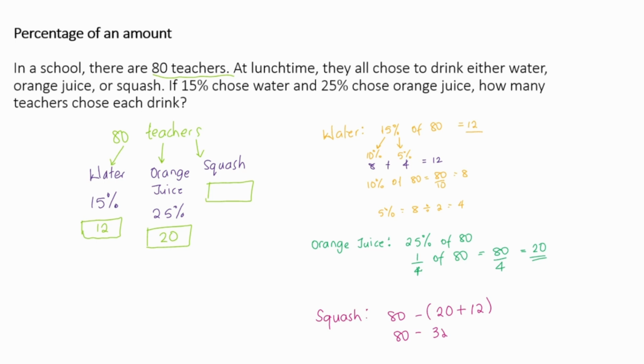So 80 take away 32 gives us 48, which means 48 teachers chose squash. And now we have the number of teachers that chose each drink. 12 teachers chose water, 20 teachers chose orange juice, and 48 teachers chose squash.